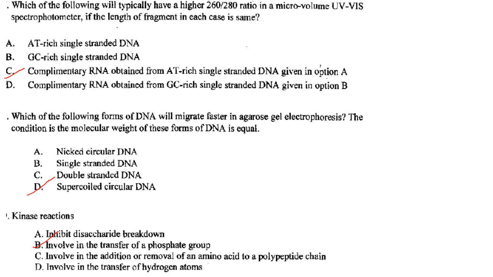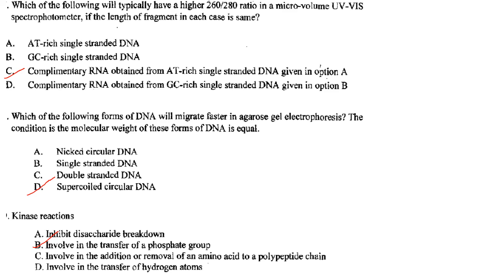A 260 by 280 ratio of 2 indicates pure RNA, and 1.8 indicates pure DNA. The actual ratio will depend on the composition of the nucleic acid; RNA will typically have a higher 260 by 280 ratio due to the higher ratio of uracil compared to thymine. So the answer here is the complementary RNA obtained from AT rich single stranded DNA given in option A.